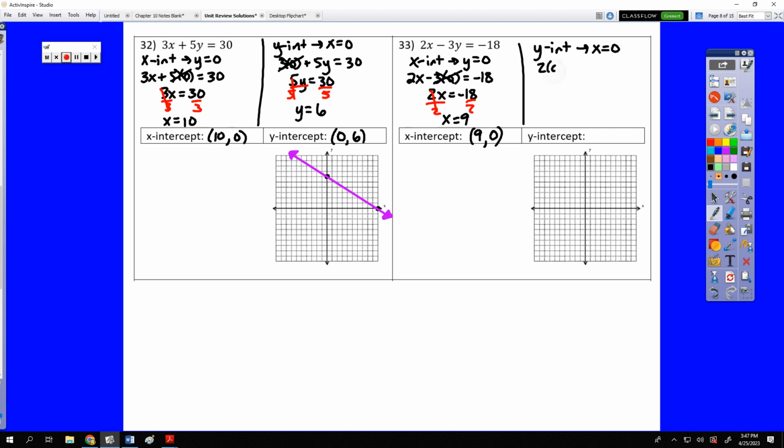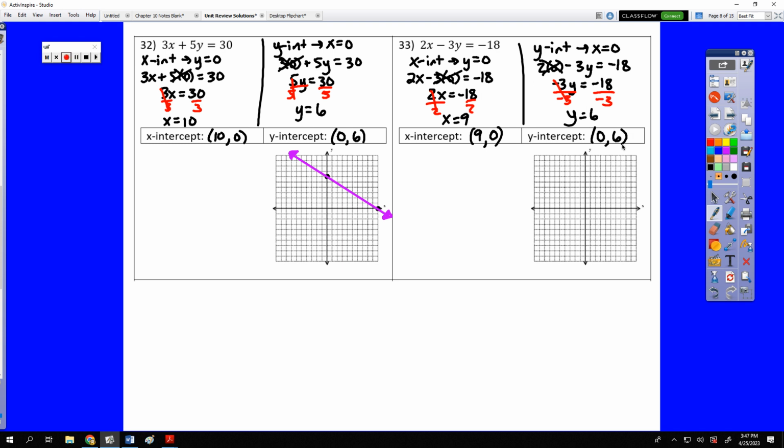So 2 times 0 minus 3y equals negative 18. The x term drops out, leaving us with negative 3y equals negative 18. You've got to be very careful not to lose that negative, because we then divide by negative 3, giving us y is positive 6. So (0, 6) is the y-intercept.